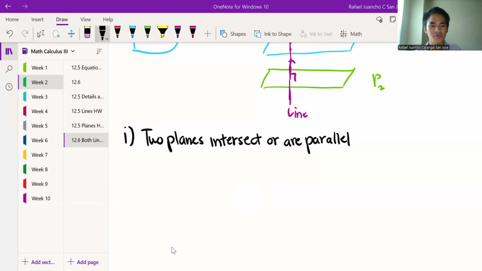Intuition wise, this is probably true. If they're not parallel, then what are they? Then they intersect. Yeah, it's true.